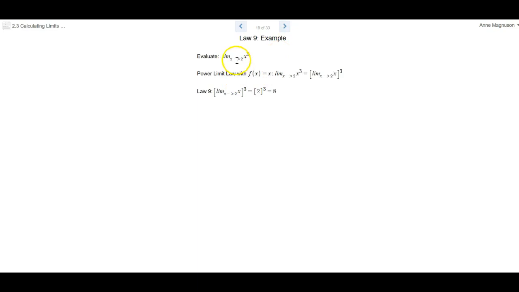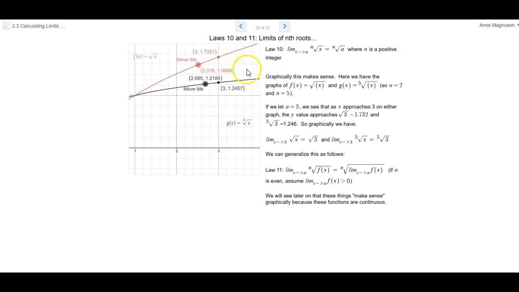So the limit as x approaches 2 of x cubed: this is just telling me that I can take the limit as x approaches 2 of x, which by the identity function law is just 2, and then raise that to the 3rd power. So my answer is going to be 8. The last 2 laws are limits of nth roots. So again, we are pulling those limits inside the radical, evaluating them, and then taking the radical.